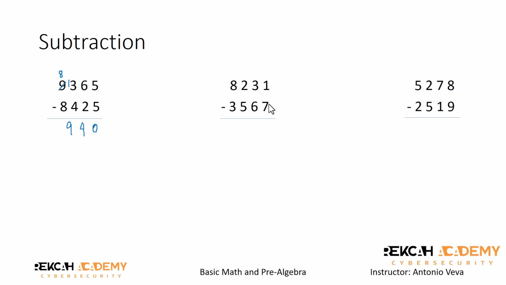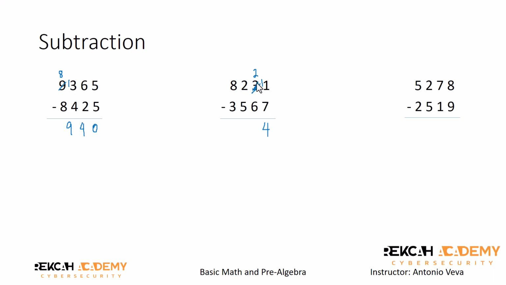We cannot do that directly, because the number above should be larger than the number below. So we have to borrow a number from the next column, which is the tens column. So this 3 will become 2, and we put the 1 in front of that number 1 in the ones column. So that's going to be 11 minus 7 equals 4.